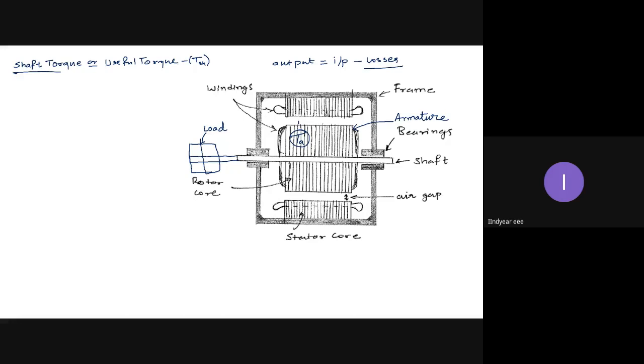And these losses are bound to occur in the machines, whether it is a DC machine or an AC machine, a transformer or a generator or a motor, whatever machine we may be using. These losses are nothing but the food of the machines.